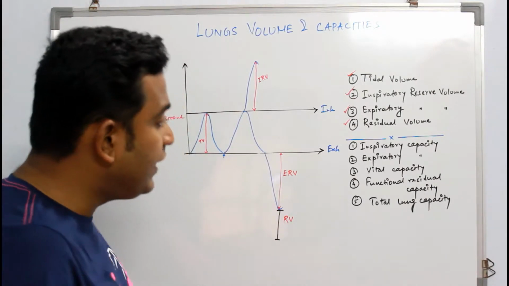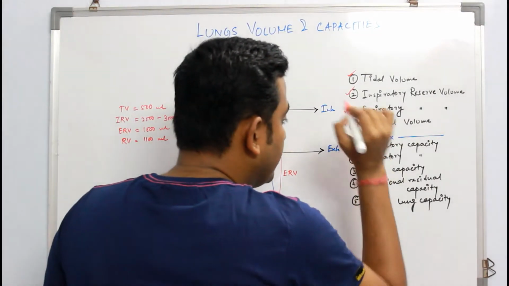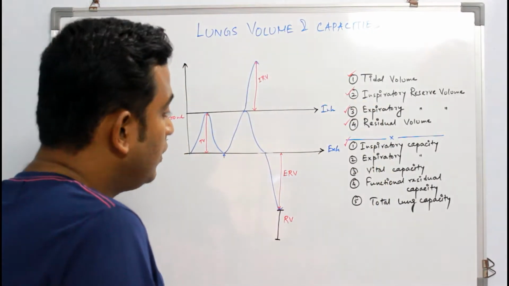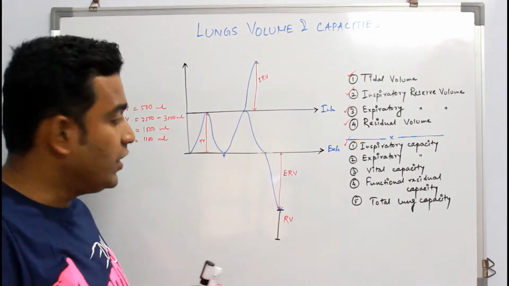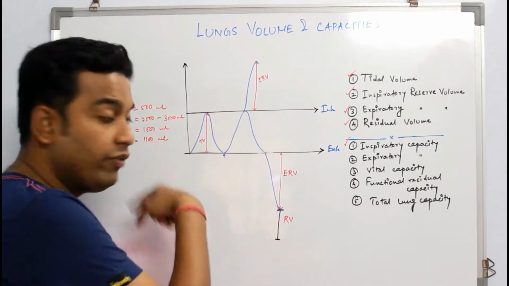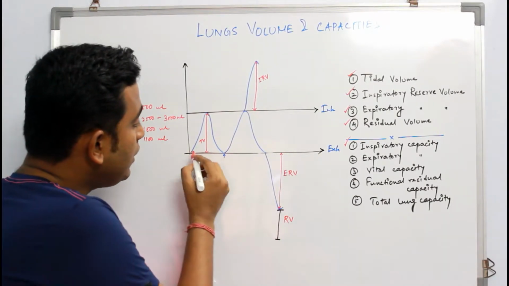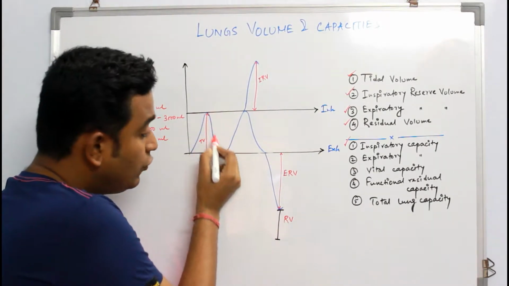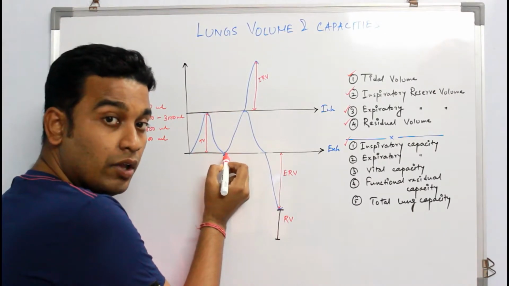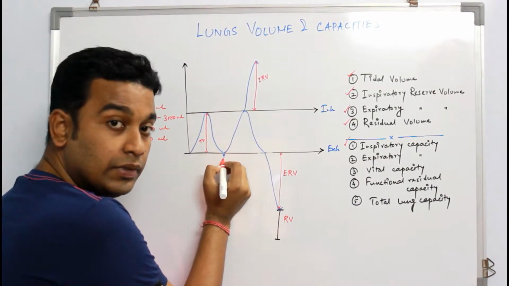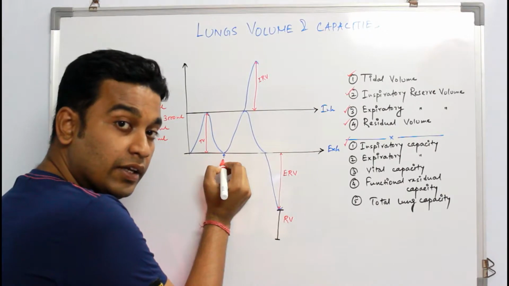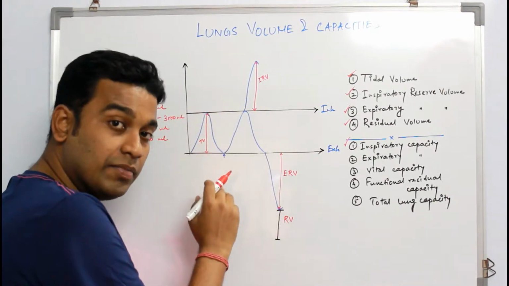Now first, let's begin with the inspiratory capacity. Now, understand one thing. Again, we'll start from the beginning. So, normal inhalation, normal exhalation. Now you stop, you take a pause here. Now I say you inhale to the maximum.